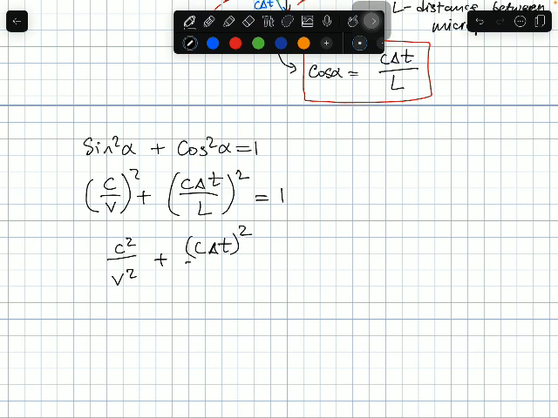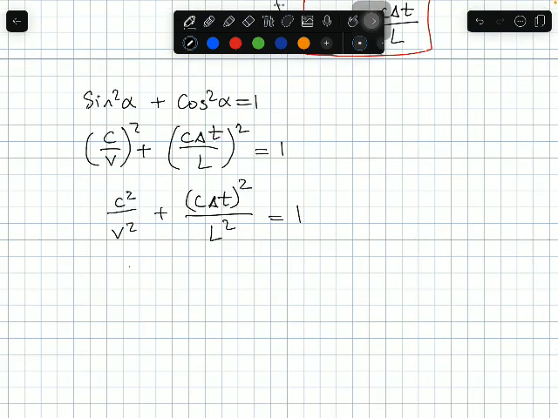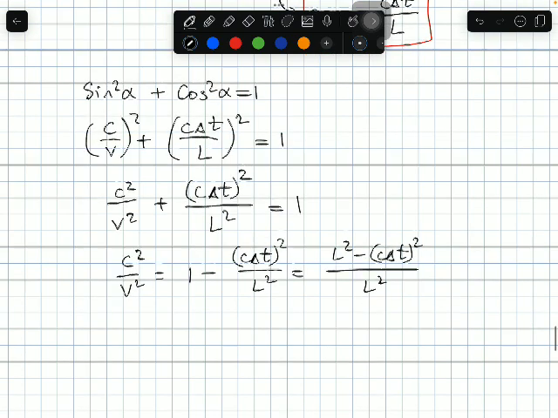I'll keep c delta t together. So c squared over v squared equals 1 minus (c delta t) squared over L squared, or L squared minus (c delta t) squared over L squared.